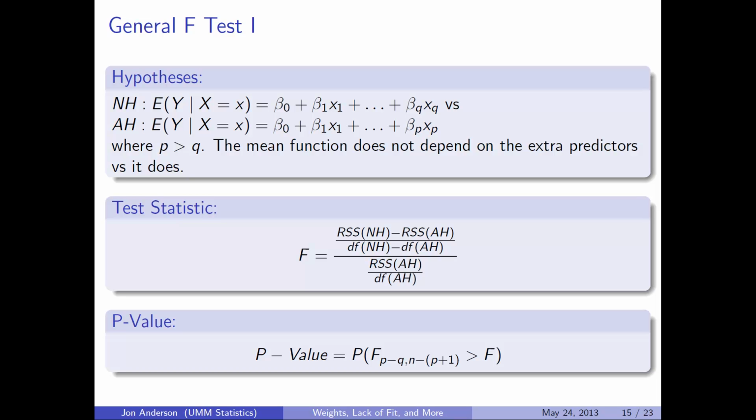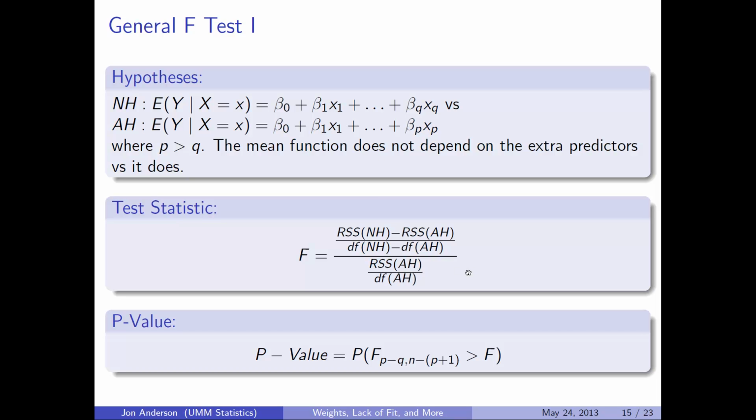The test statistic that we use to examine whether we need the bigger model is the general F statistic. And it looks quite complicated, and I guess it is. The numerator is really how much difference is there in the residual sums of squares between the null and alternative model, divided by, in the denominator, an overall measure of variation from the big model, the residual sums of squares from the alternative hypothesis model.